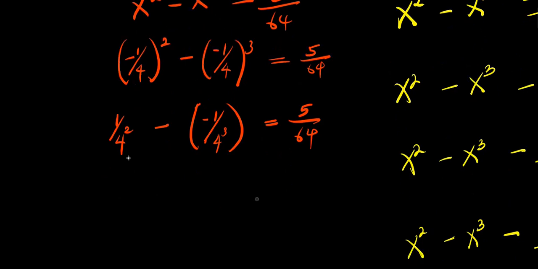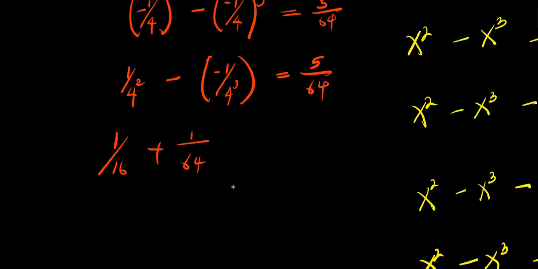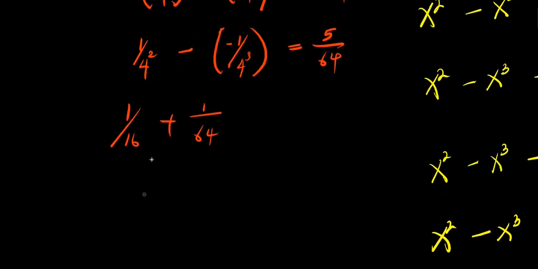So this is just like having 1 over 16 plus 1 over 64, right? So from here, is it the same thing as 5 over 64? Finally, we come out to 64. 64 divides 16, that is 4. 4 times 1, we have 4 plus.